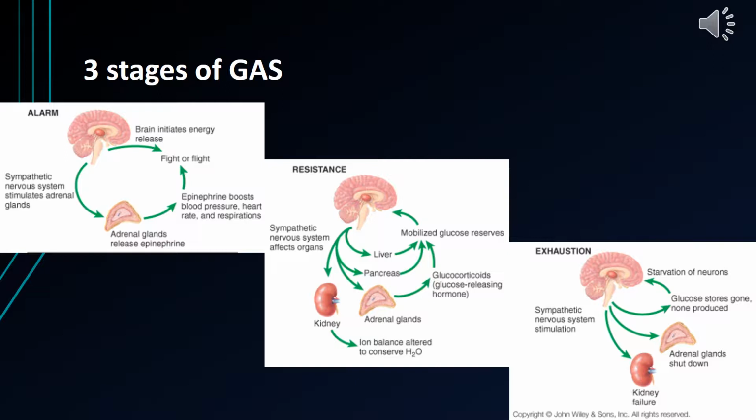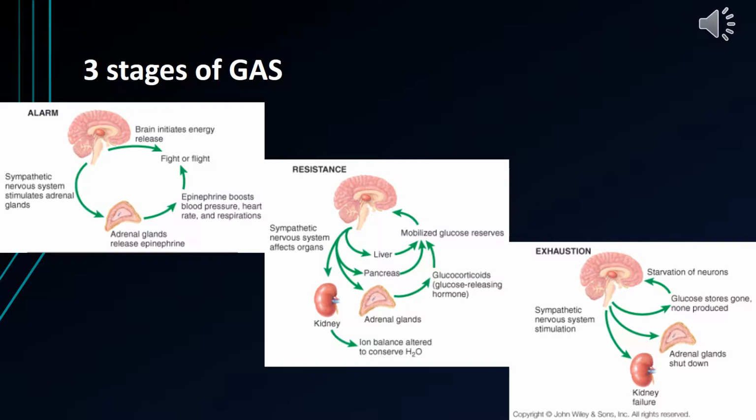It would also lead to the adrenal glands shutting down. Now that the glucose stores are gone, this can lead to the starvation of the neurons because that's their primary energy source, and all of this can eventually lead to death. And obviously, kidney failure would lead to death.